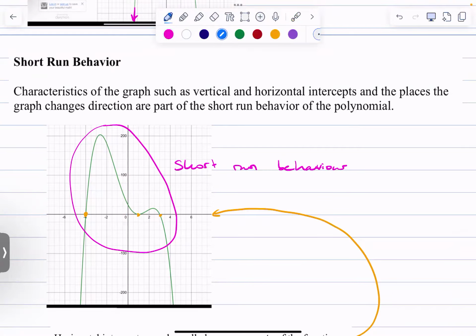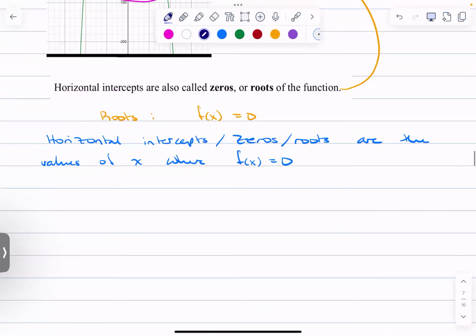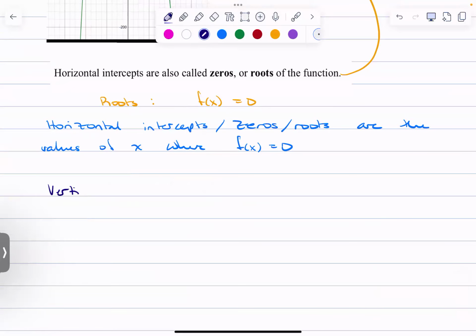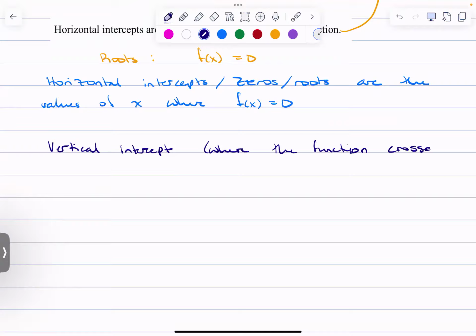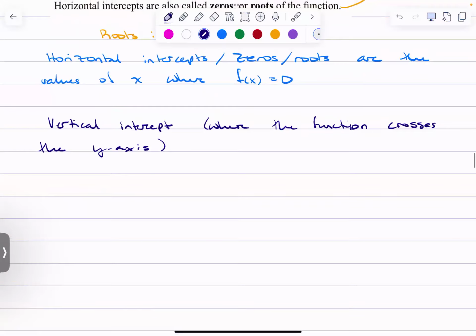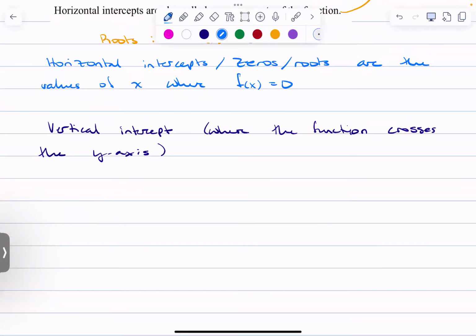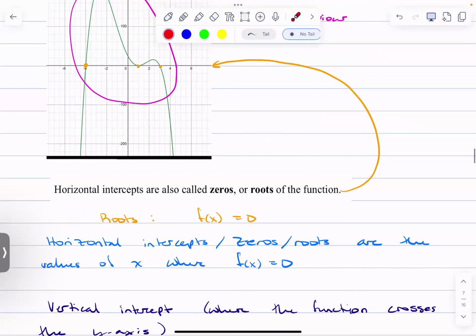And so the vertical intercept is where the function crosses the y-axis. Where it crosses the y-axis, that's going to be where x is 0. So finding the vertical intercept is going to be, I think, the easiest part.